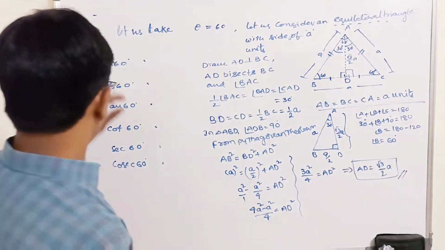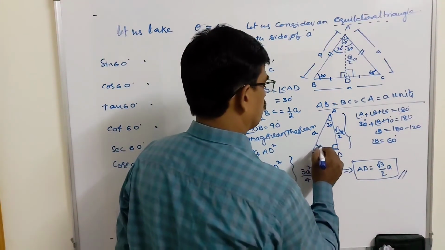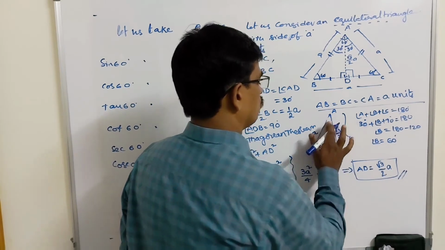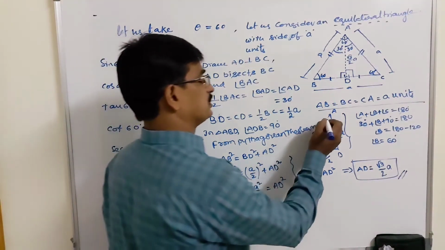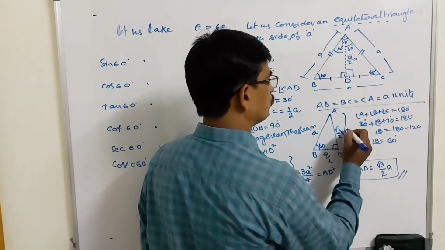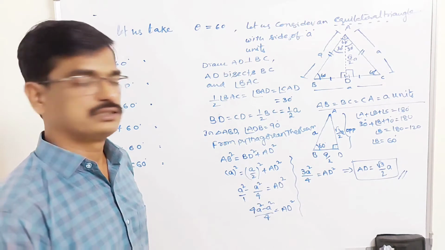Okay, since I have written here sine 60 degrees, first mark here 60 degrees. Now when marking at vertex B 60 degrees, then AD becomes opposite side.